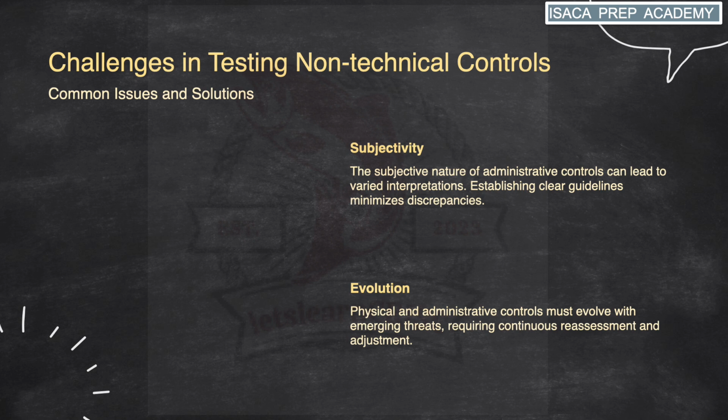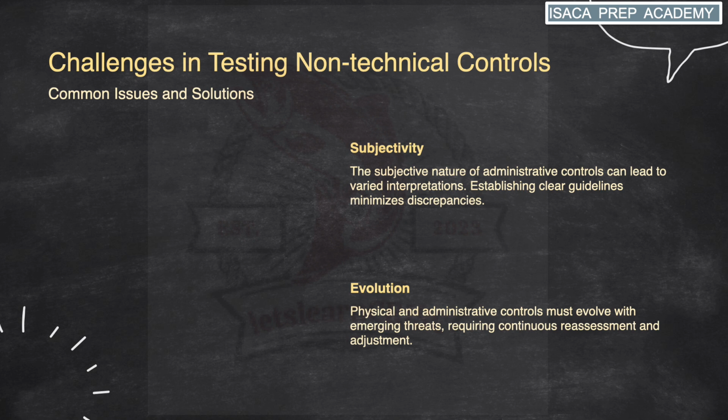This may involve revising security policies to address new cyber threats, updating procedures to reflect changes in the business processes, or providing additional training to employees on emerging security risks.